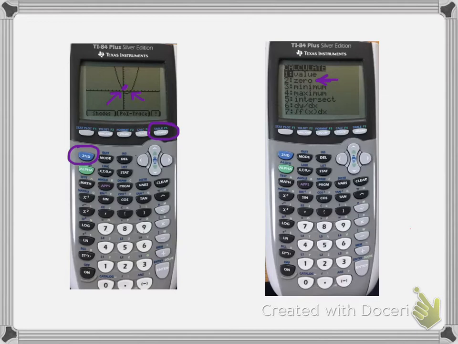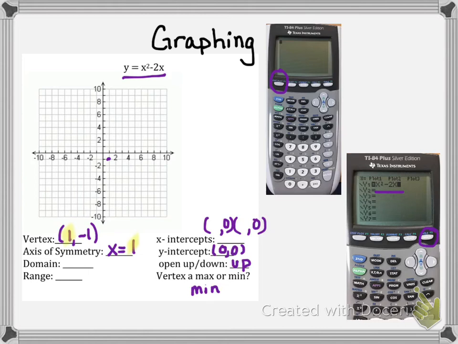You also can go to your table, and you know that if it's an intercept, your y value is equal to 0. In this particular graph, looking at your table, you see that you have a y value of 0 when x is 0, and also a y value of 0 when x is 2. So those would be my intercepts.